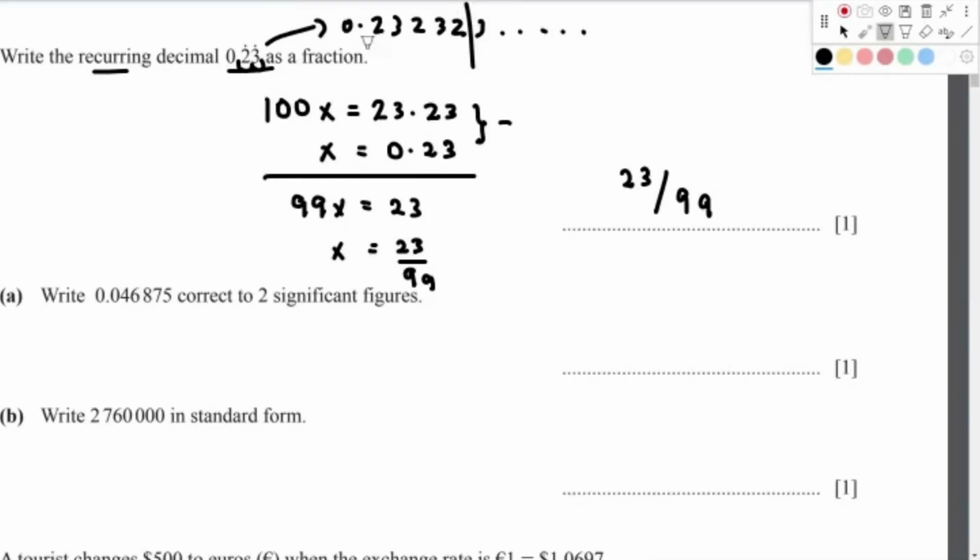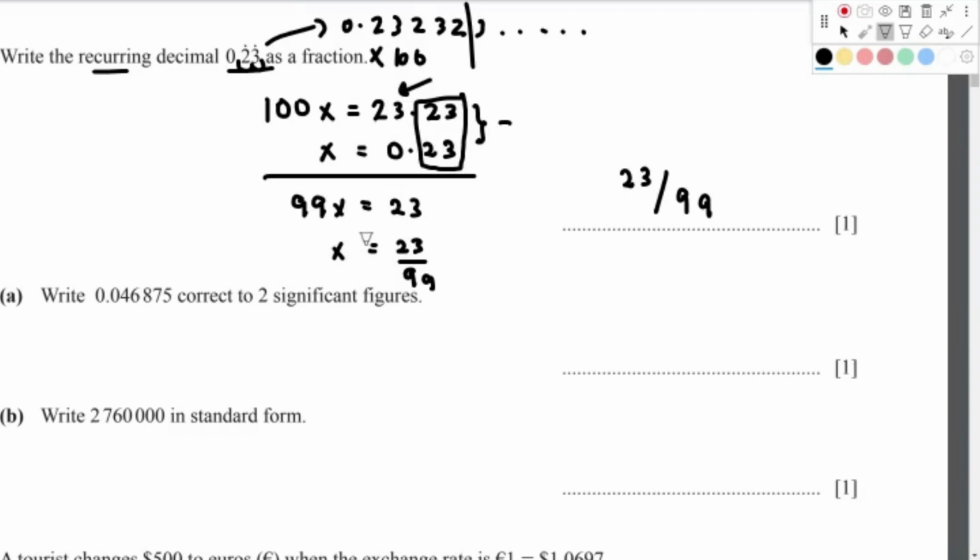So if I times this equation by 100, I'll get 23.23. And 1x will be 0.23. So what I'm doing is getting rid of the back number here. So I will get a whole number. Once I have the whole number, I figure out my x.